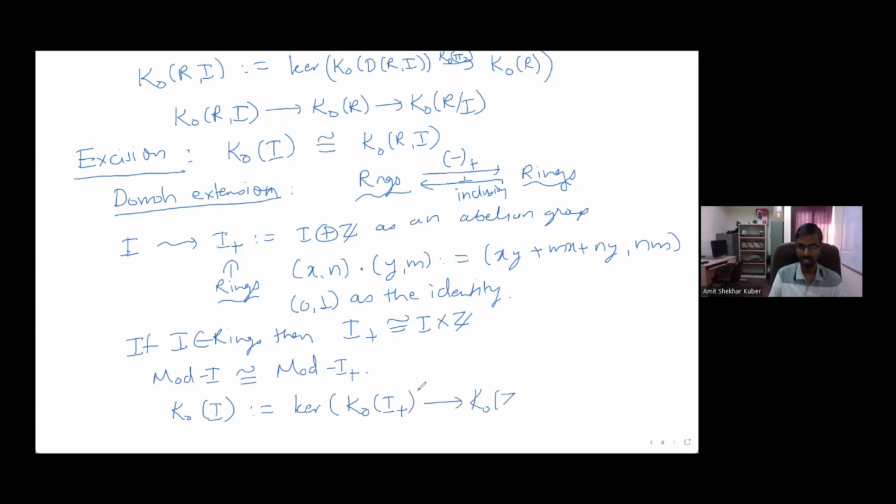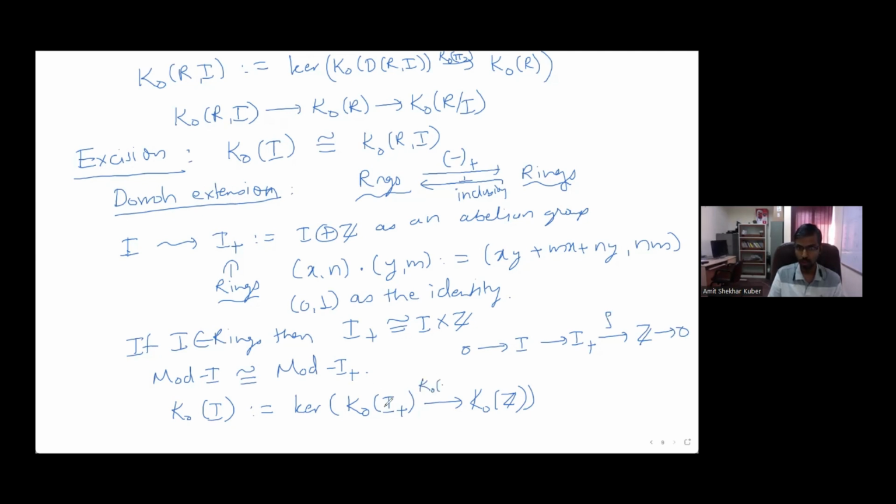Because what is happening here is that we have this short exact sequence in the category of abelian groups or in the category of rngs. You have this map here, let's call it rho.